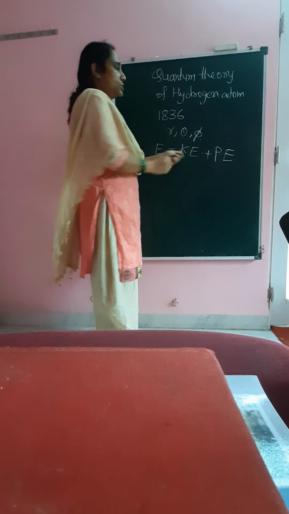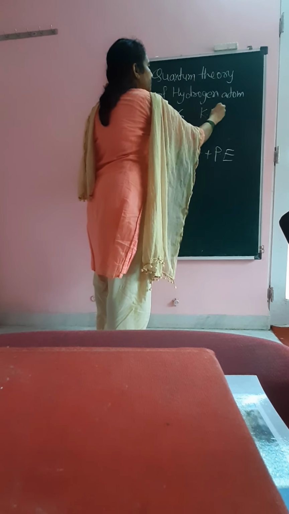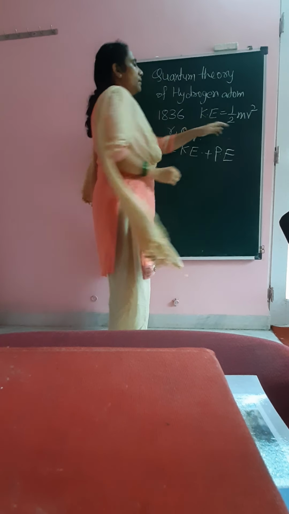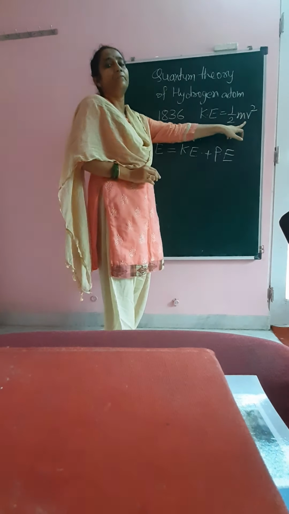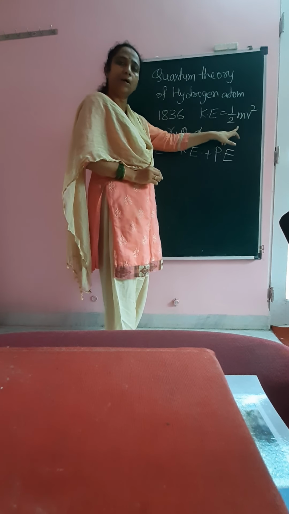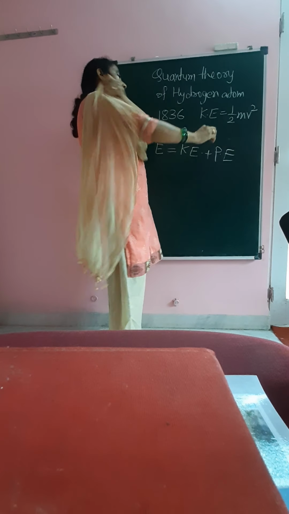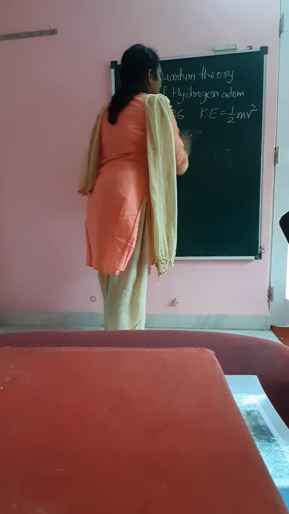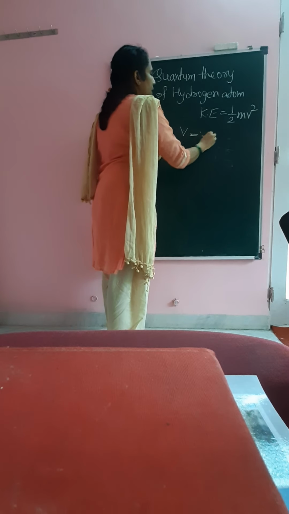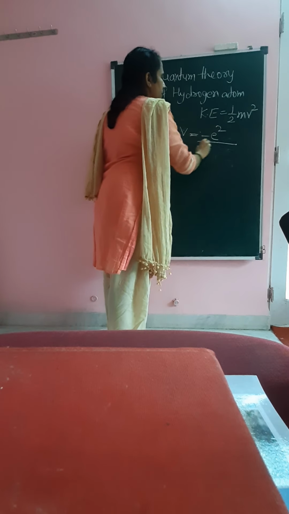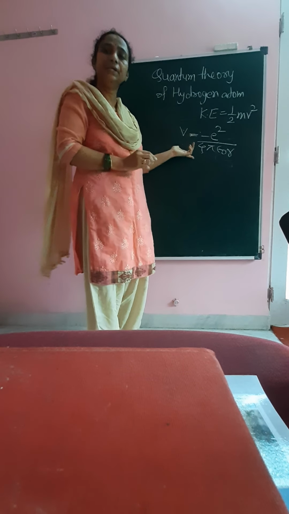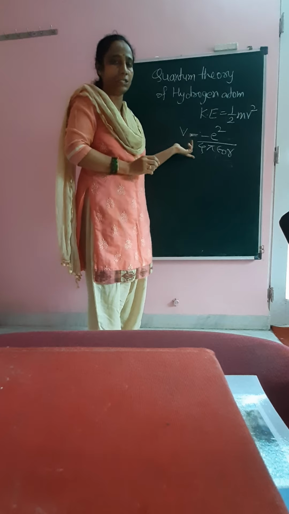This kinetic energy is given as half mv square, where m is the mass of the electron and v is the orbital velocity, the velocity with which it is moving around the nucleus or proton. Now, the potential energy is given by minus e square by 4 pi epsilon naught r. So we have both the terms for the electron energy.